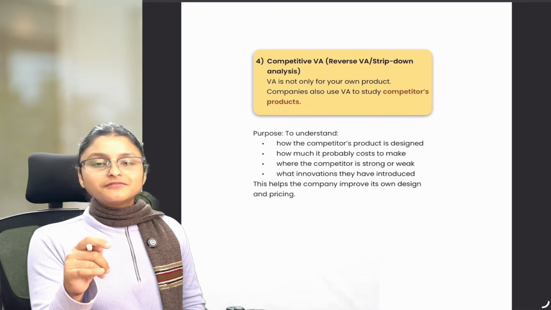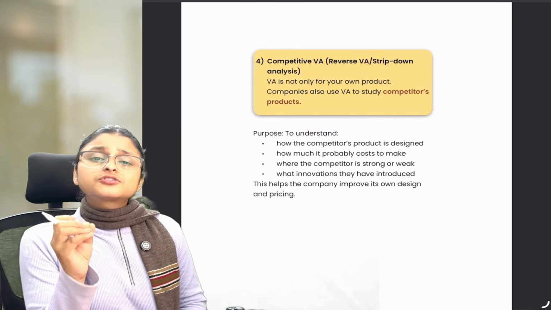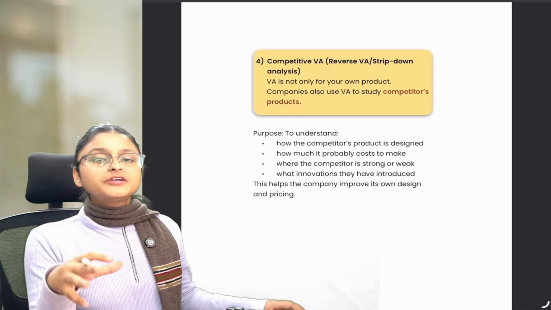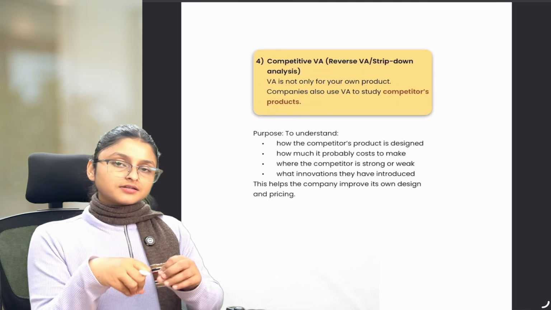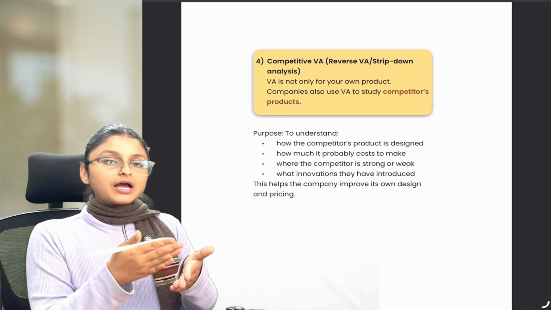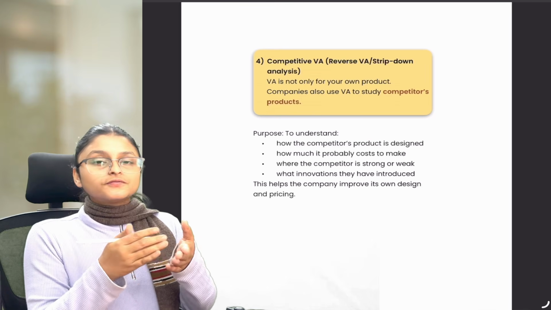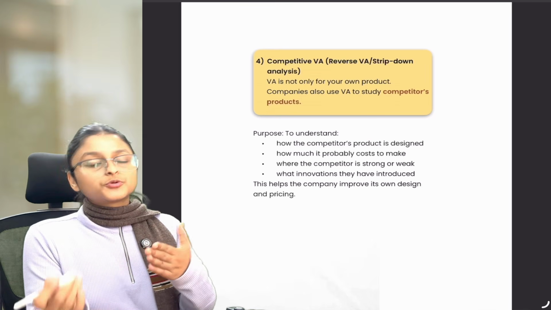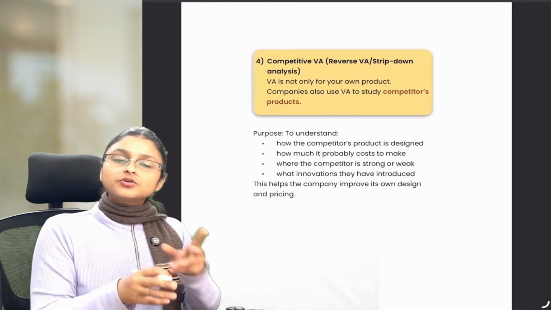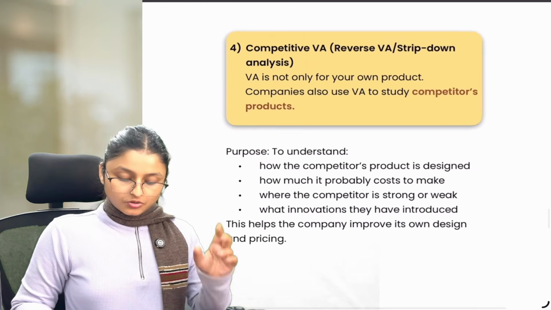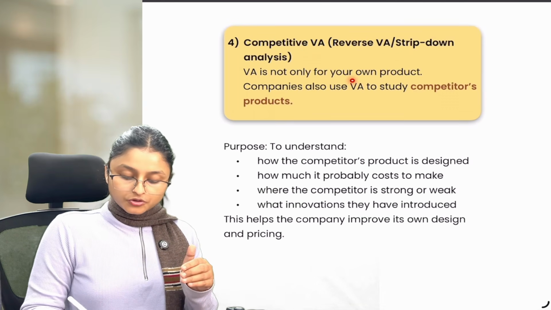Next is competitive value analysis, or reverse or stripped down value analysis. Here we take the product of competitors and study how they are making their product, where they are able to reduce the cost or improve the function, and we try to improve our product accordingly. So value analysis is not only for your own products.